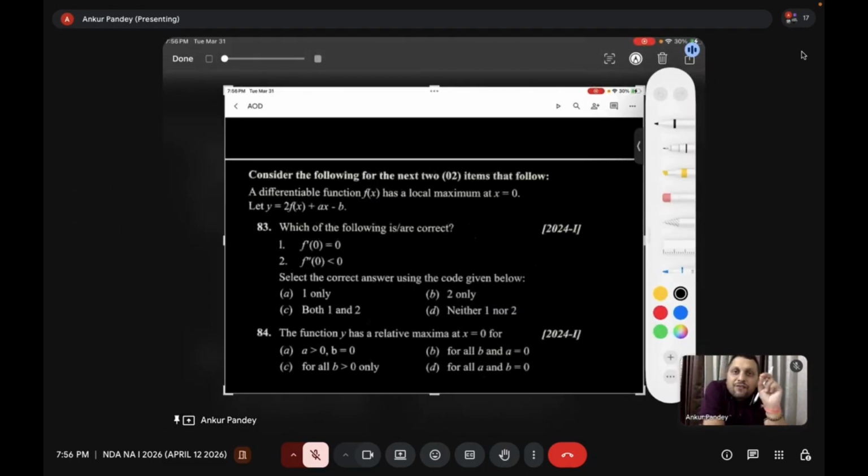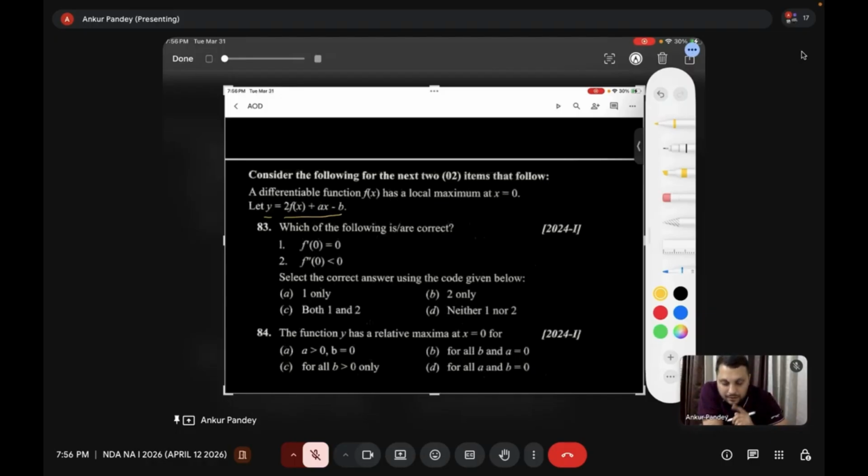A differentiable function f of x has a local maximum at x equal to 0. Clear? The function is given to be this. Which of the following is or are correct?